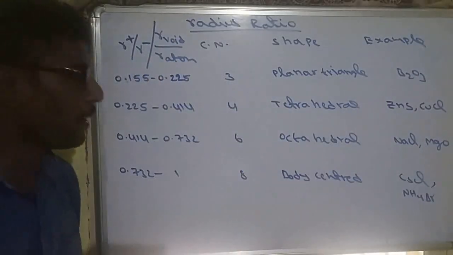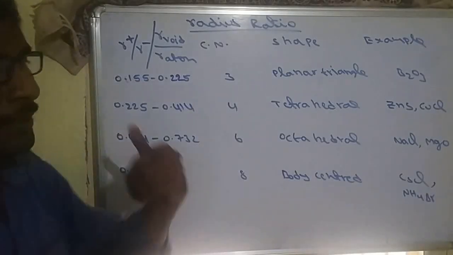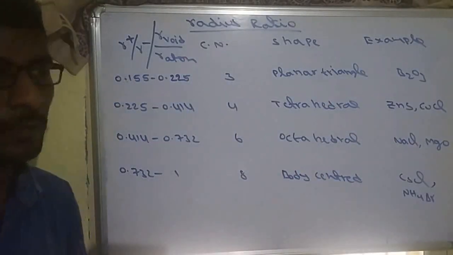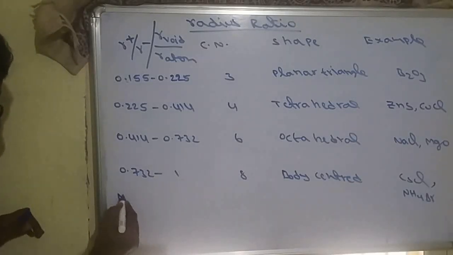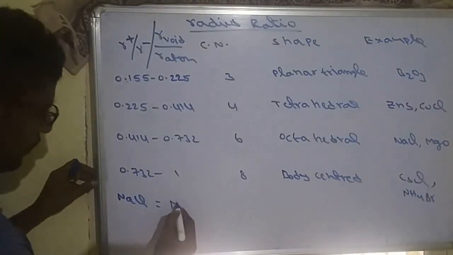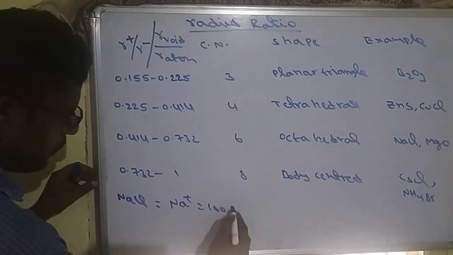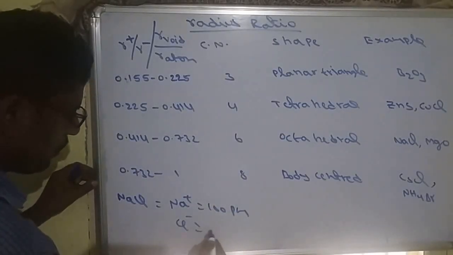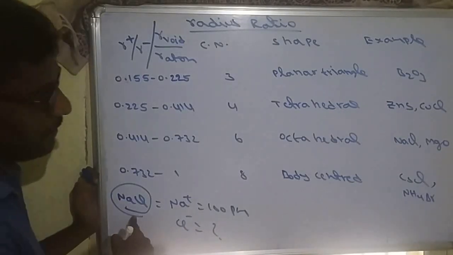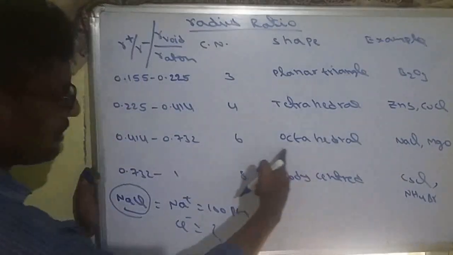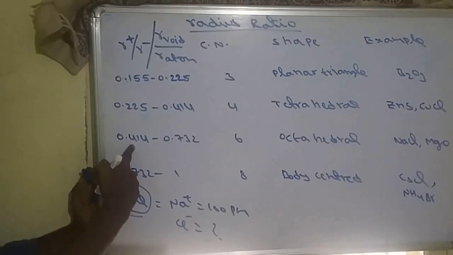So how will the question come? Suppose they will give the radius of cation and ask for the radius of anion. For example, NaCl type structure. The value of Na plus is 100 picometer. Then they will ask what is the value of Cl minus. In a NaCl type structure, this value we have to take.